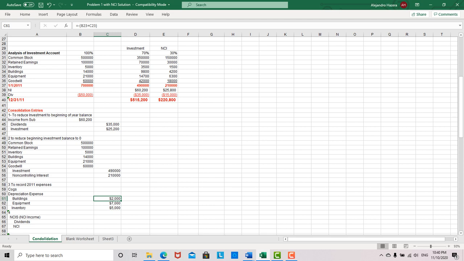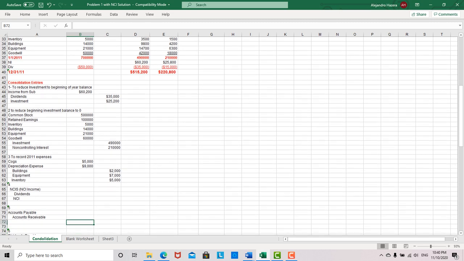We wrote it up by 14,000, and they have a 7-year life, so it's 2,000. And equipment was written up by 21, has a 3-year life. Inventory is just written off over 1 year. Okay, so the excess cost of goods sold is the amount of expense due to the current sale of the inventory, and then the depreciation is going to be depreciation on the buildings plus the depreciation on the equipment, $9,000. So your entry should balance there.